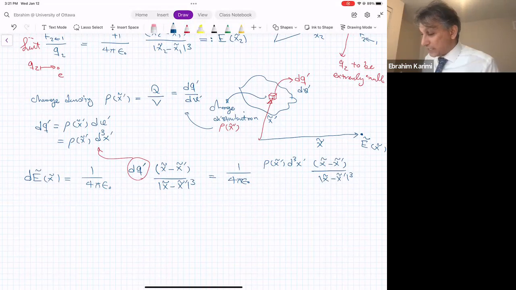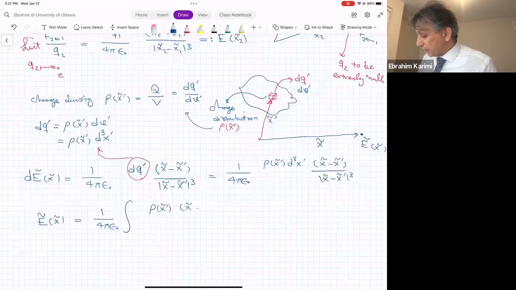Then for the entire volume, we have to do the integration, and we will get 1 divided by 4 pi epsilon naught, integral of rho of x prime, x minus x prime divided by the magnitude of x minus x prime to the power of 3, d3x prime.